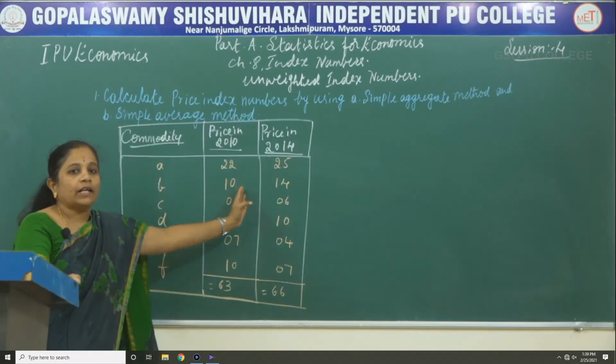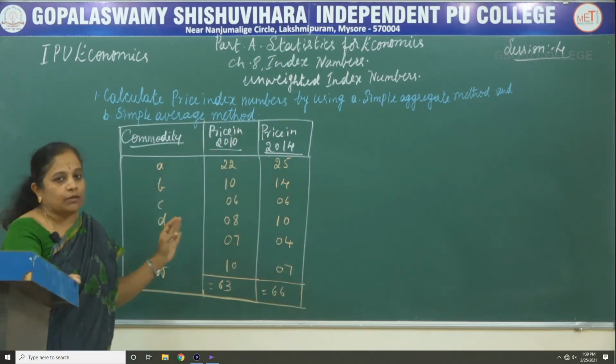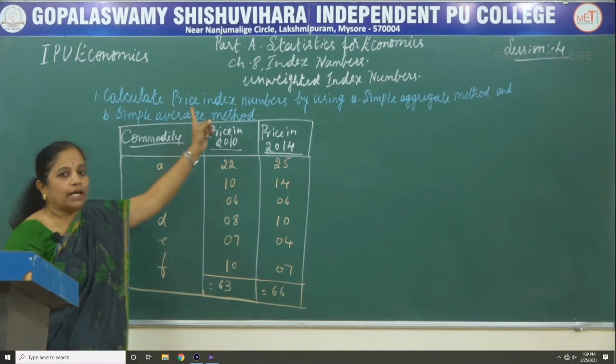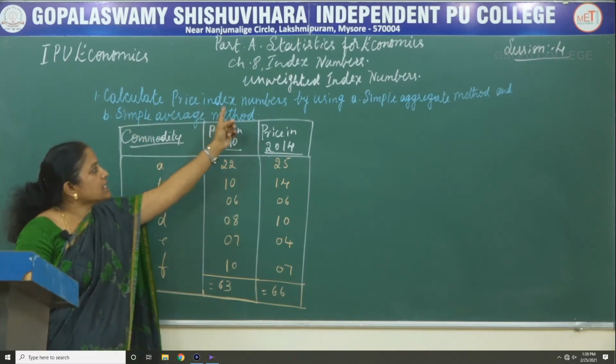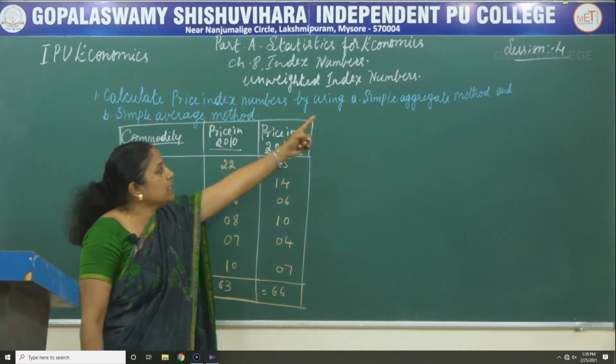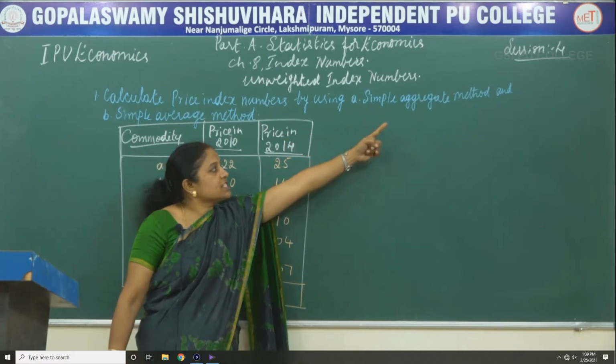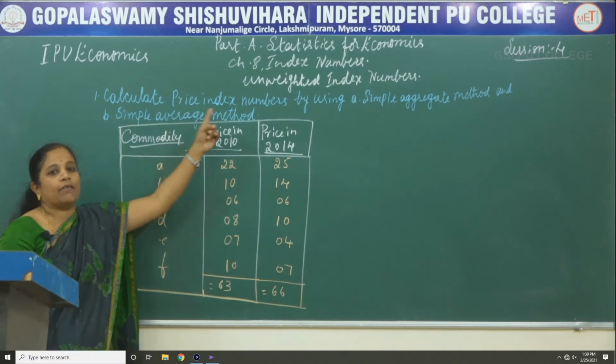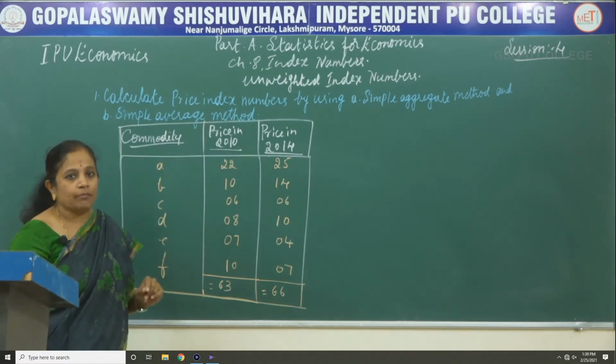Now let us calculate the unweighted index numbers for this problem. The question will be like this: calculate price index numbers by using A, the simple aggregate method, and B, the simple average of price relatives method.